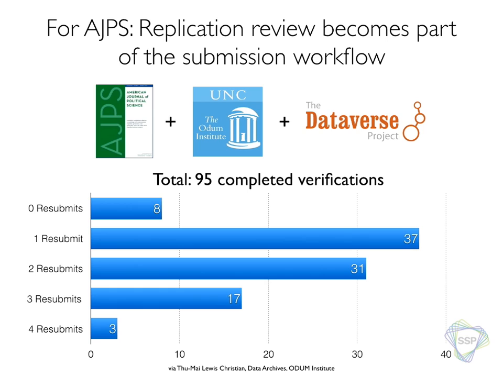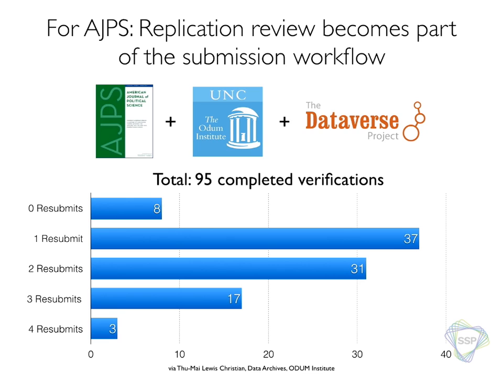There are 37 cases that they needed to resubmit at least once, and 31 cases that they needed to resubmit twice, asking for more information about the data and the code, because it's not yet enough to replicate. And as you see, it goes down and down. It just shows us, as we would expect, that replication is not simple, even when there are the best intentions from everybody to make it happen.